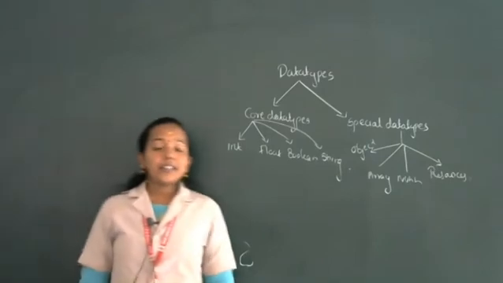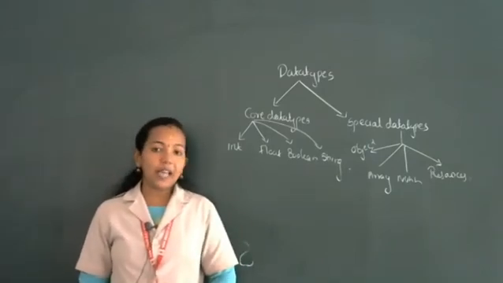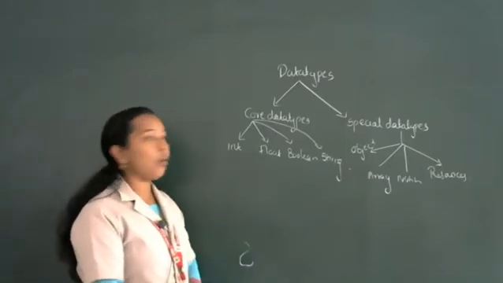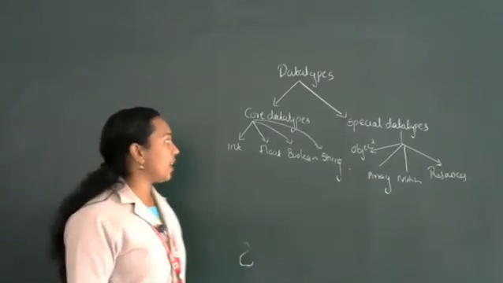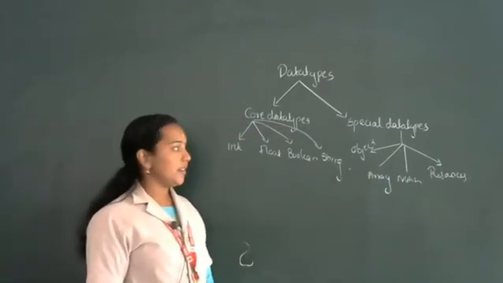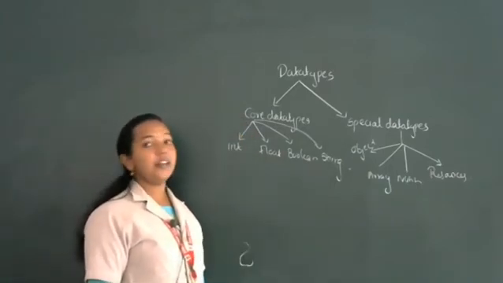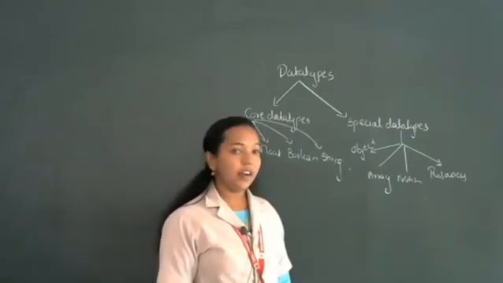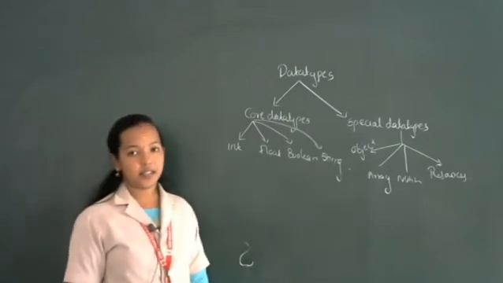So data types of PHP can be classified into two categories. First one is core data type, with examples int, float, boolean, string. Then special data type examples are object, array, null and resources.